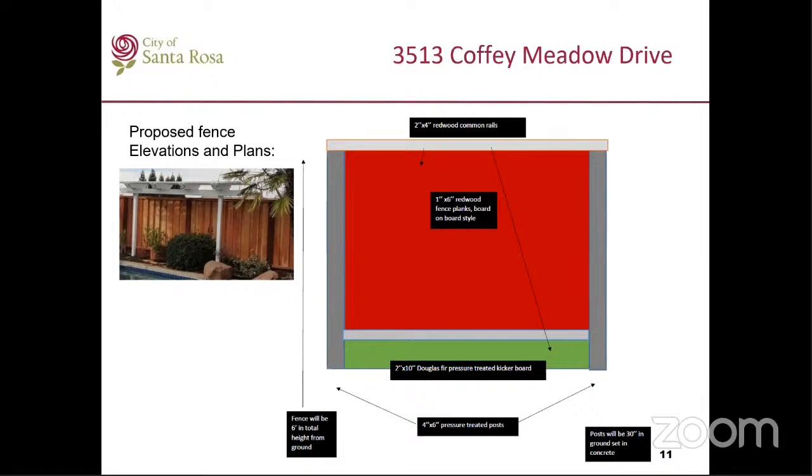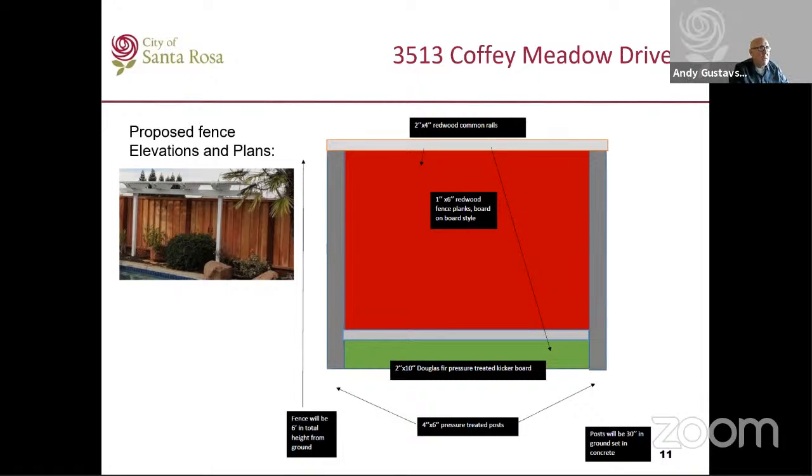Okay. So if I may, on my own screen here, I'm going to put the resolution, not the staff report, in front of me, and just confirm what I read regarding those requirements. One moment, please.